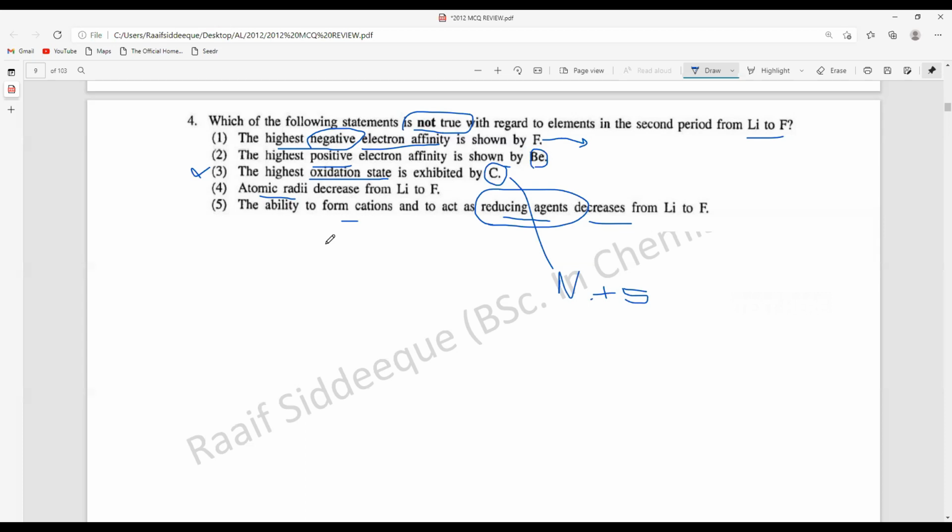Okay. And the next thing is a reducing agent. What is a reducing agent? Reducing agent means it likes to get oxidized. The agent likes to get oxidized. Meanwhile, it reduces another compound. A compound which is named as reducing agent means it reduces someone.